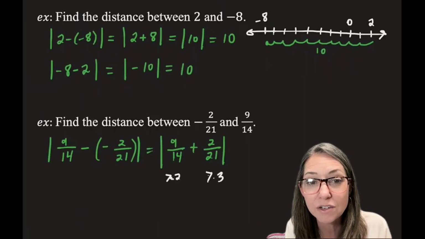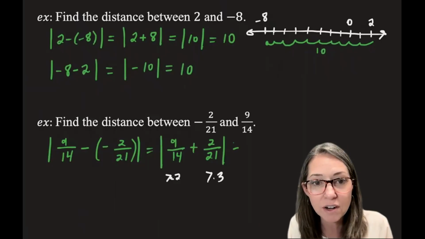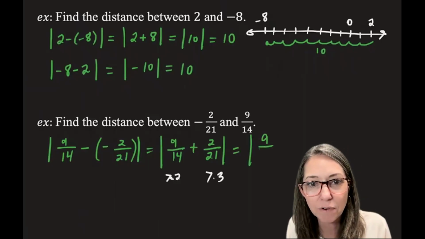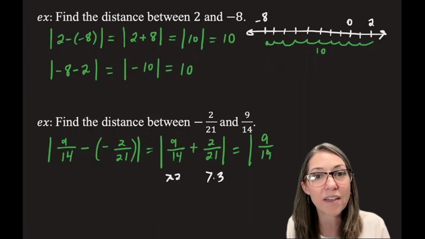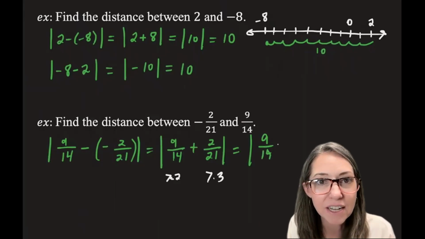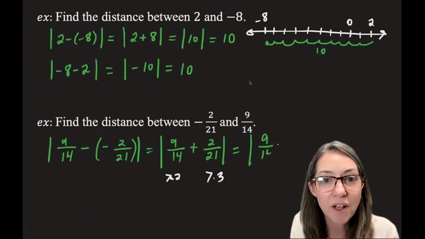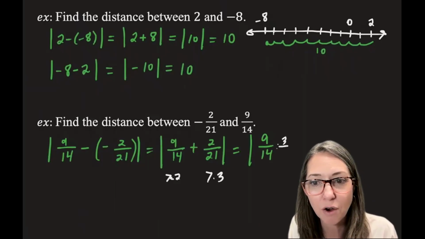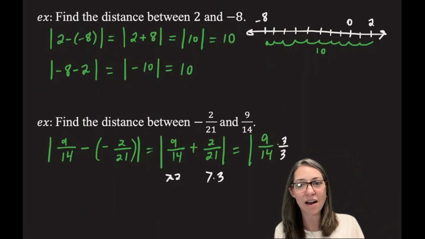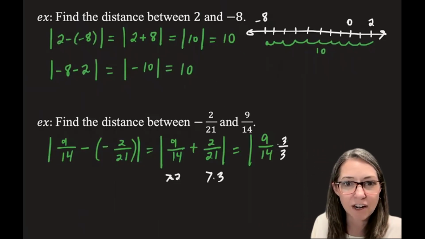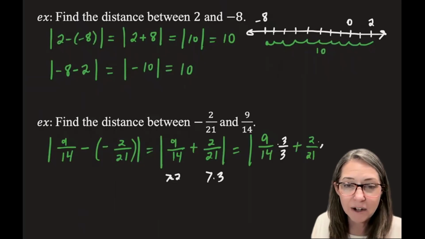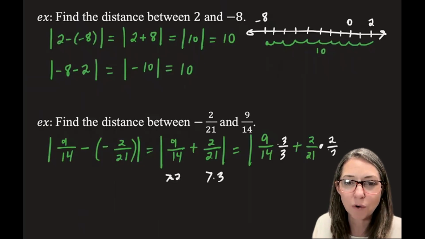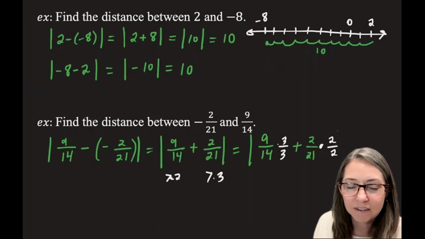So all we really need to do is multiply the first fraction, which is 9/14, by the missing factor of 3, because this denominator has a 3 in it. So times 3/3. And then the second fraction is 2/21. We're going to multiply that. Well, that 21 already has a 7 and a 3. It's missing the 2. So we're going to multiply that by 2/2.